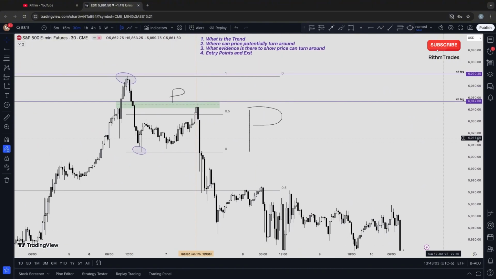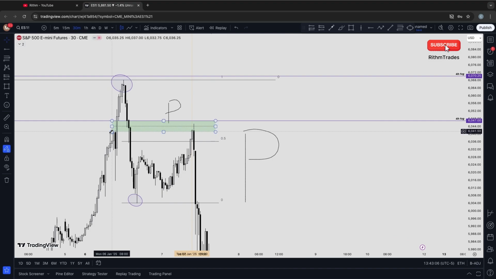Jumping in onto the 30-minute time frame, we can see that the hourly inverse is also lined up perfectly with the 30-minute inverse.